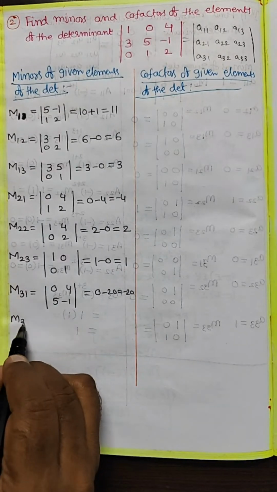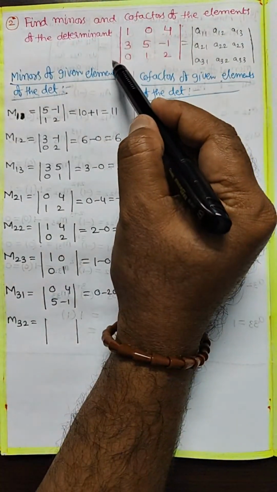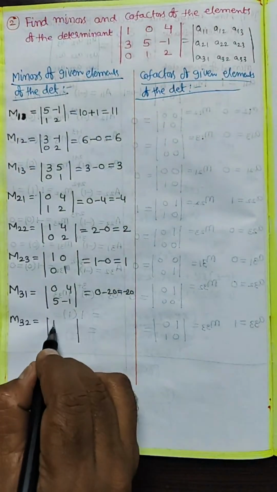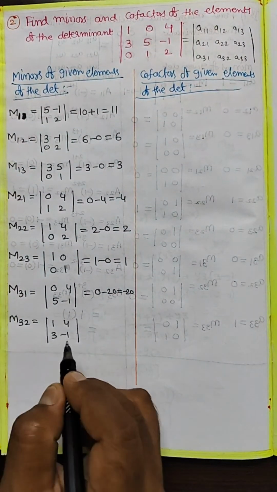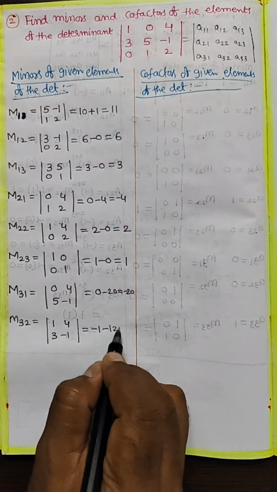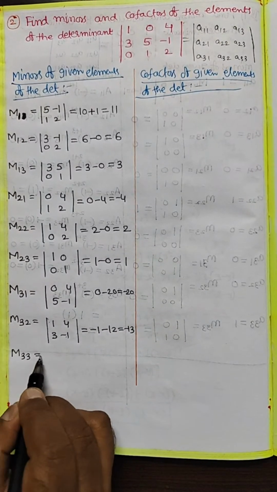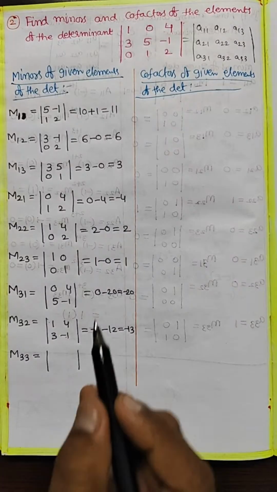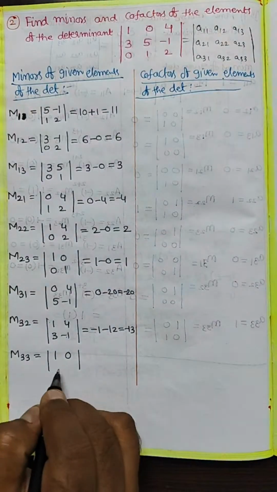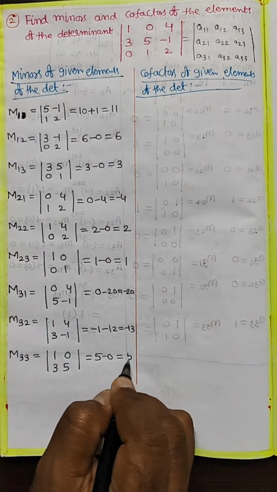Next, M32, the determinant of third row, second column eliminated: 1 4, 3 minus 1. 1 into minus 1 is minus 1, minus 3 into 4 is 12, so minus 13. Next, M33, determinant of third row, third column eliminated: 1 0, 3 5. That is equal to 5 minus 0, which is equal to 5.